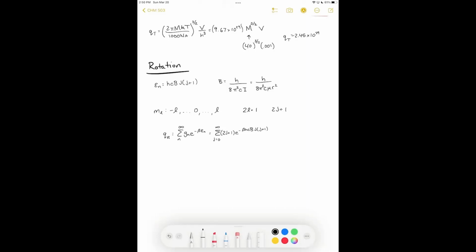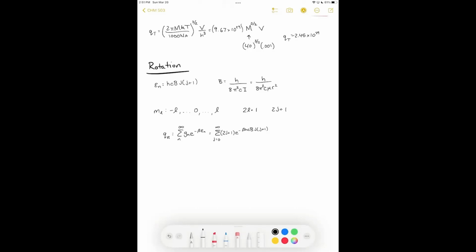To solve this, we'll do the same thing that we did above for translation. And we're going to rely on the fact that many rotational degrees of freedom are accessed for most molecules, which means we can again approximate this sum as an integral. For molecules where this assumption is not valid, such as diatomic hydrogen, which is very quantized in terms of rotation, the integral is not appropriate and the actual sum must be evaluated for every level that's significantly accessed.